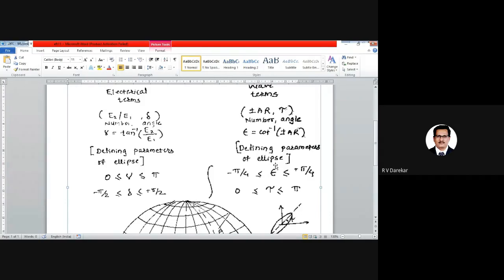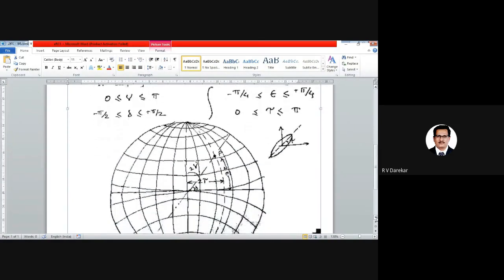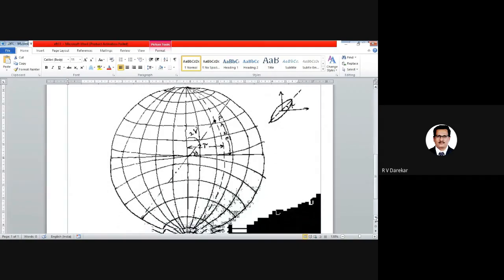In a very similar way, we are knowing the value of epsilon and the value of tau. If we are knowing these values, what we can do? We can locate the point P on the sphere as shown here.